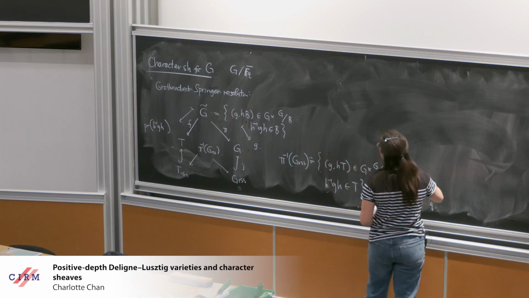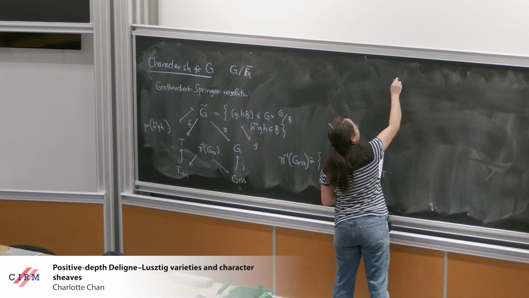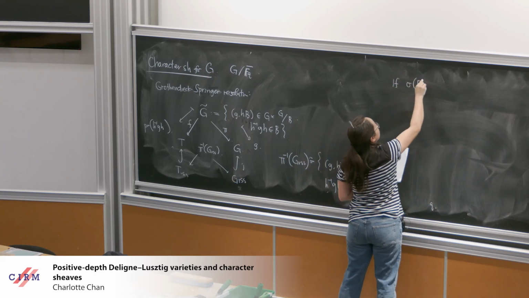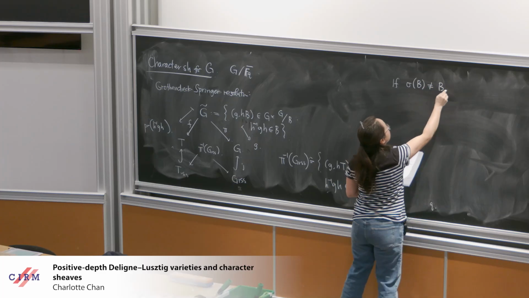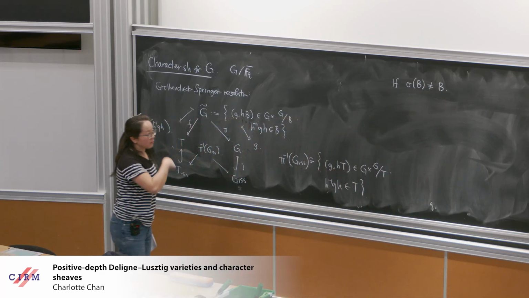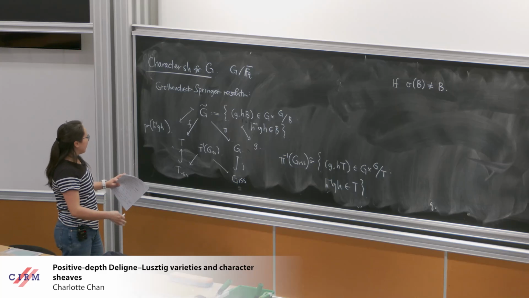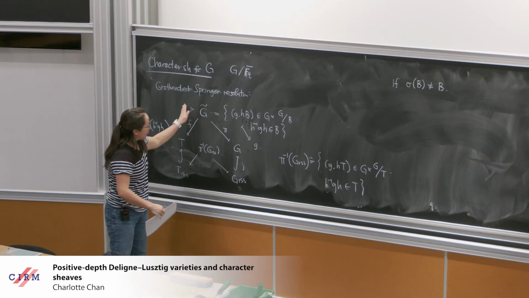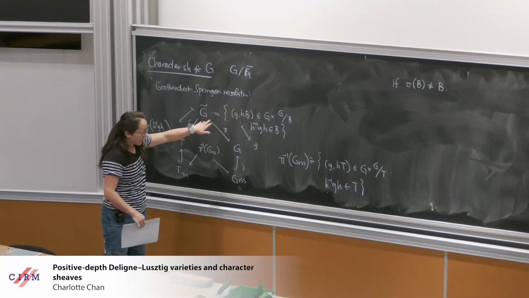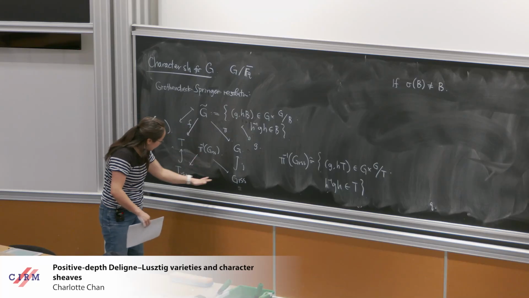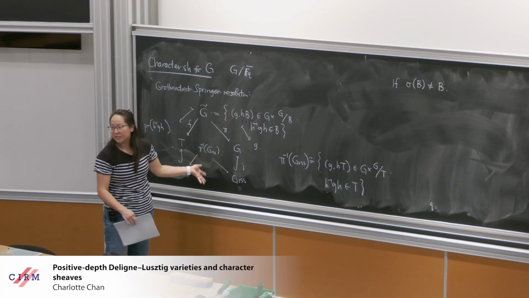And so this means that if I'm in a situation where the sigma of B is not equal to B, I may not be able to do this thing up here, at least sigma rationally, but down here I can definitely do everything and it didn't matter.